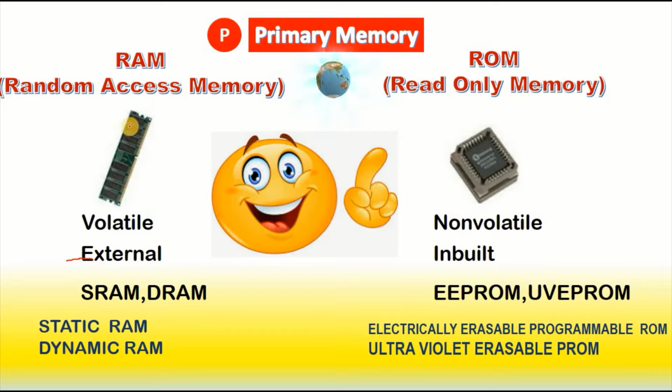So it is external, that means we can change the memory size easily, but ROM is inbuilt, so that means we can't change the size of the ROM. Okay, RAM is volatile memory, it means after a power cut we forget everything.